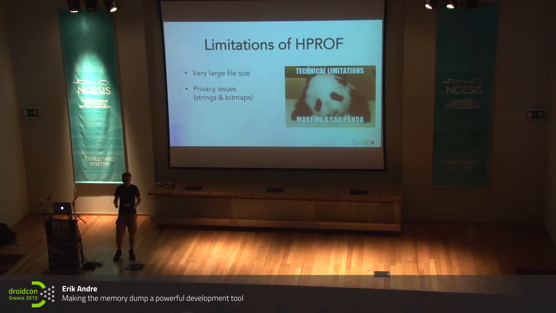Besides this, we also have strings, and strings can actually be an even bigger problem. Some strings are completely harmless, like the class names. No one is going to be mad if you leak the class names. But it could be other things as well. For example, if any of you are using any kind of third-party library, for example, Facebook or Twitter or Instagram, to access users' data, what you usually need to access that data is an auth token or a session key or something similar.